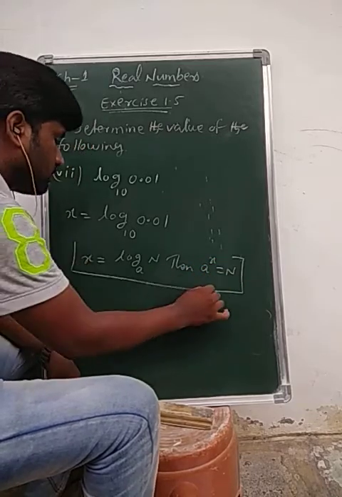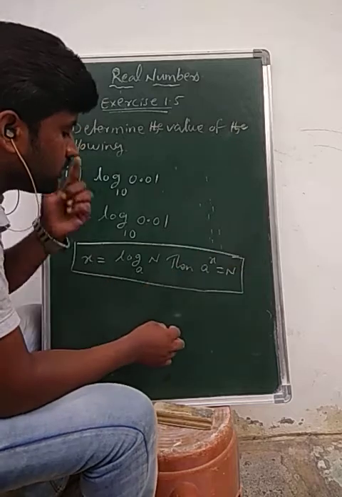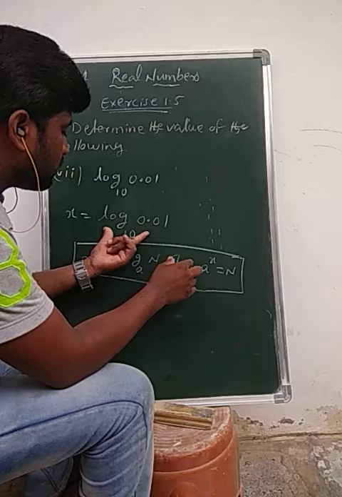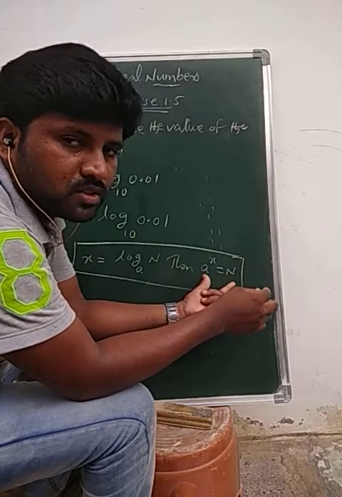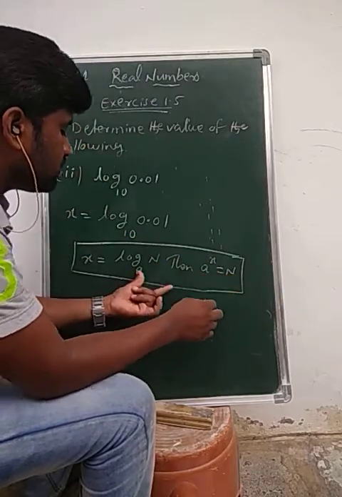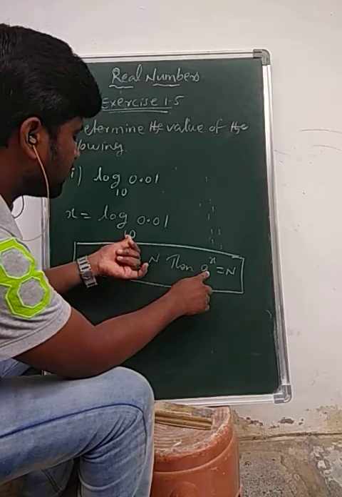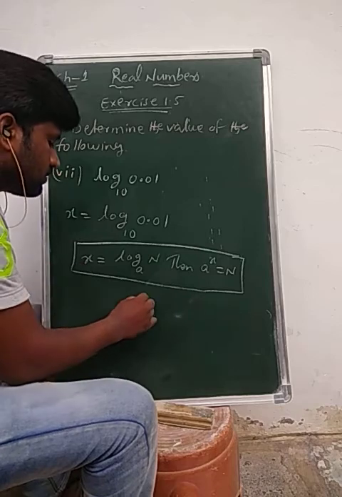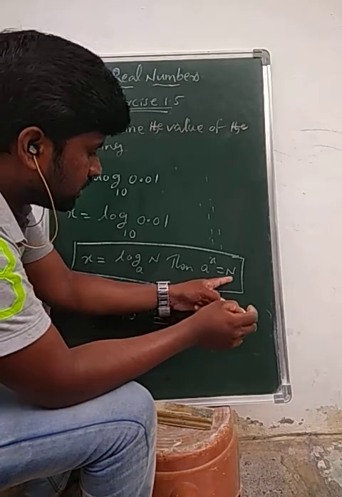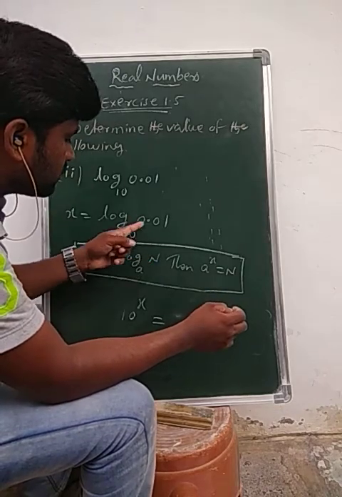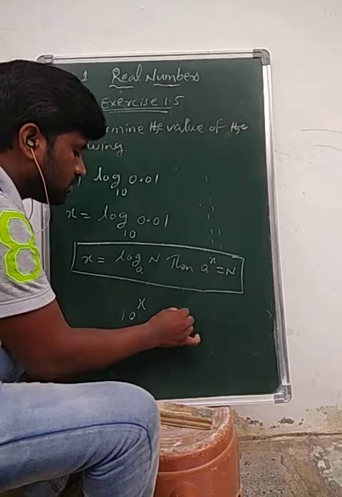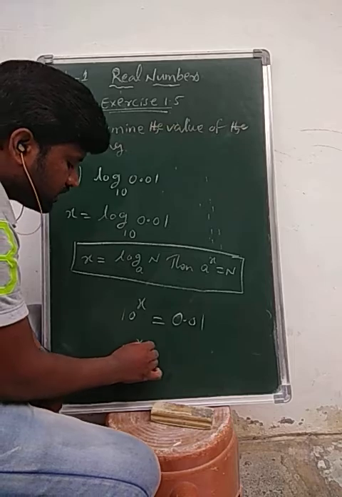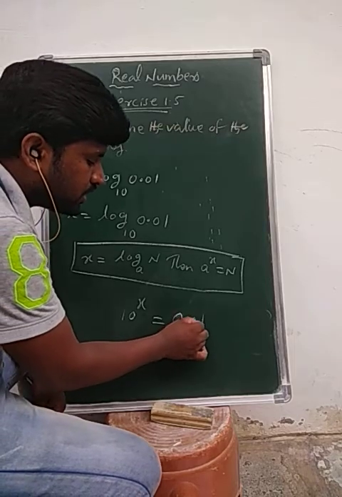Let us first convert the logarithmic form into exponential form. Here a is 10, so 10 power x is equal to n, and in the place of n we have 0.01.